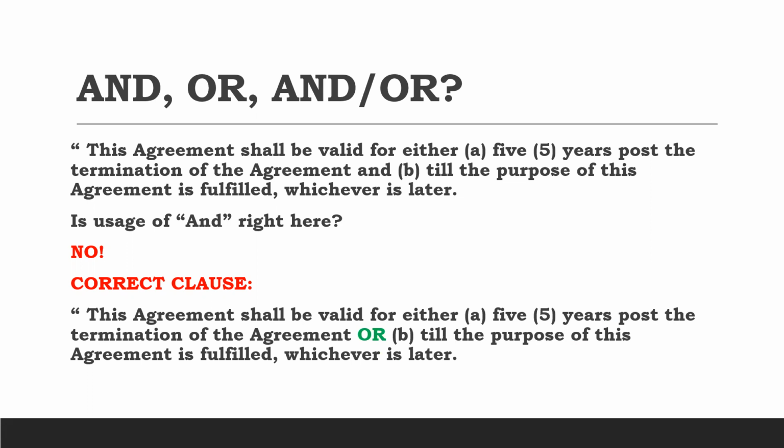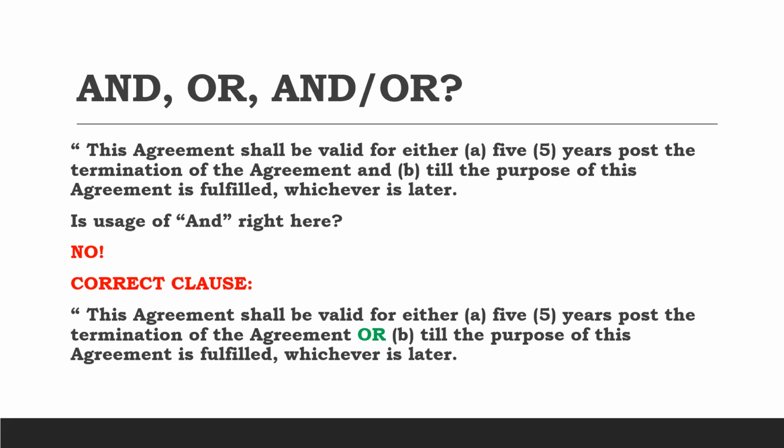Now, and as a phrase is a cumulative term. So, and signifies something plus something and not something or something. And therefore, the usage of and here is not correct. The correct usage would be of or.